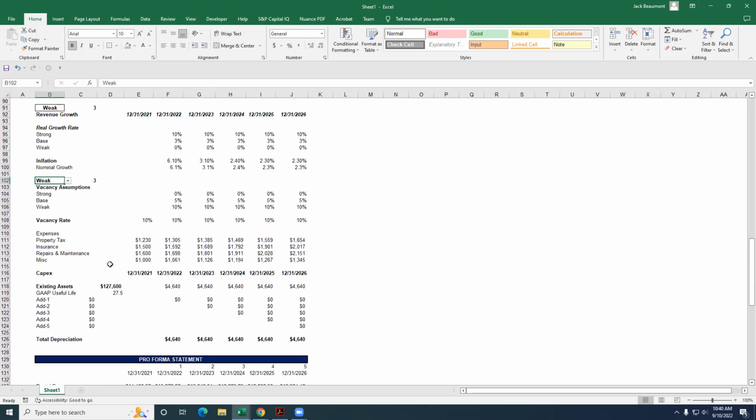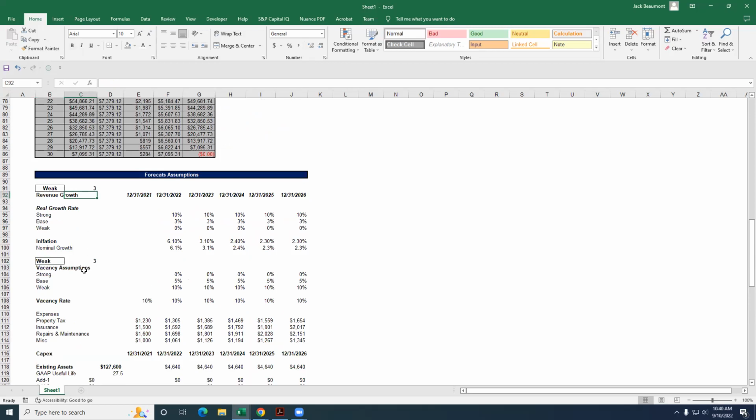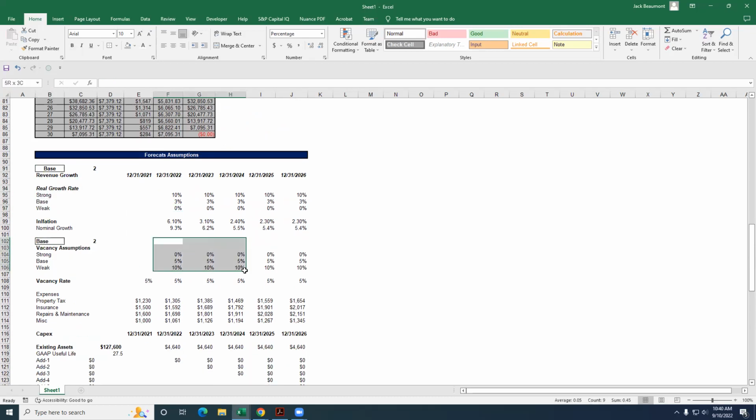So you can also see that revenue and vacancy are huge drivers of returns. When you're looking at buying a property, you need to analyze: is this a good area? Does this have revenue growth? Is this somewhere that's growing? And does this area have a high vacancy?